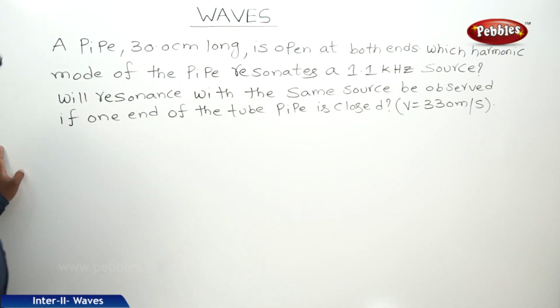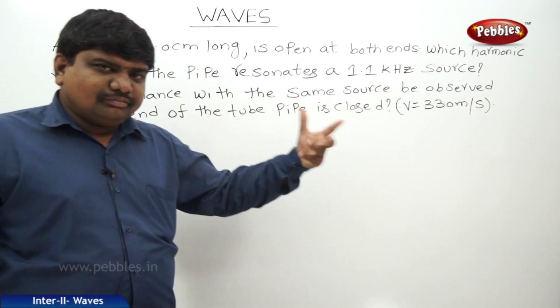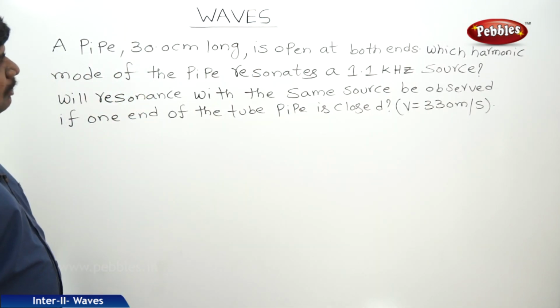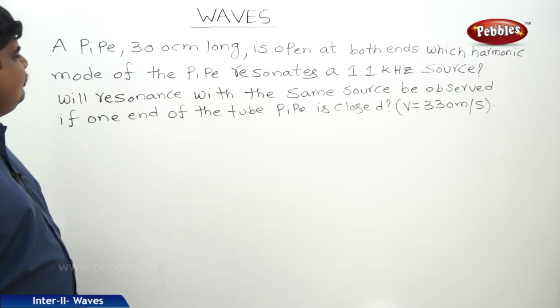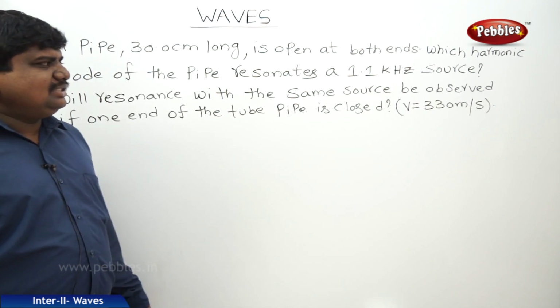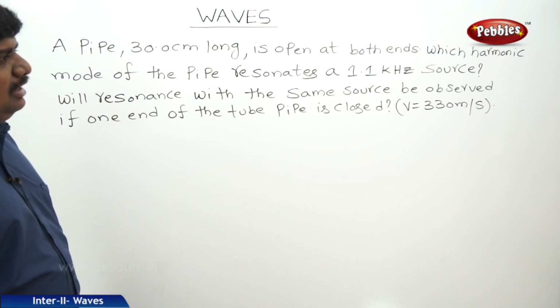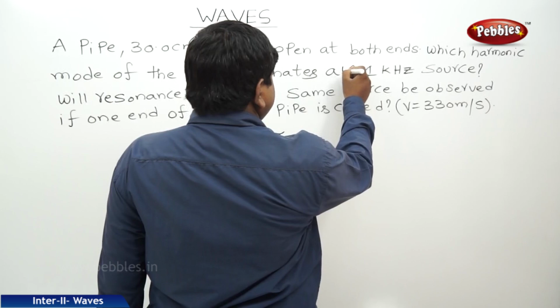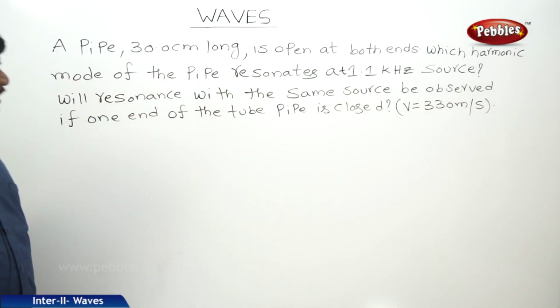So this is a question based on the concept of the fundamental modes and modes of vibration. A pipe 30 cm long is open at both ends. Which harmonic mode of the pipe resonates at a 1.1 kilohertz source? Will resonance with the same source be observed if one end of the pipe is closed?